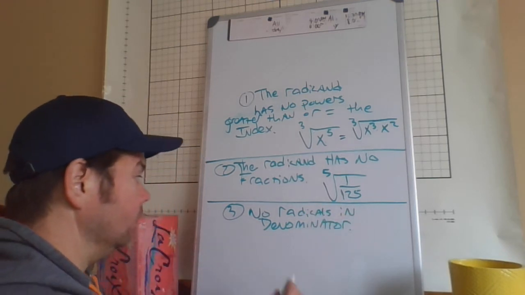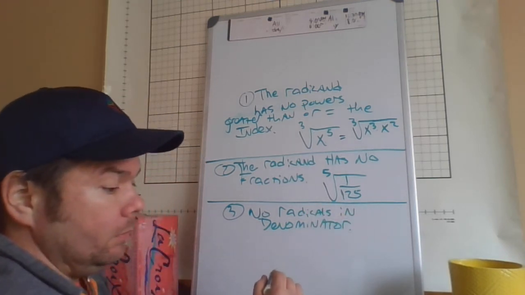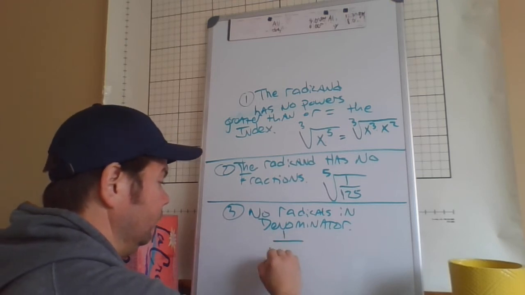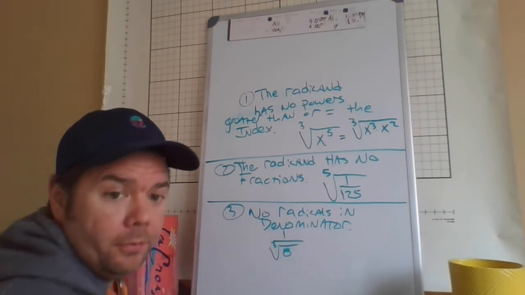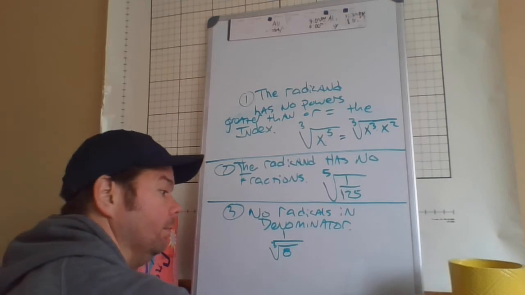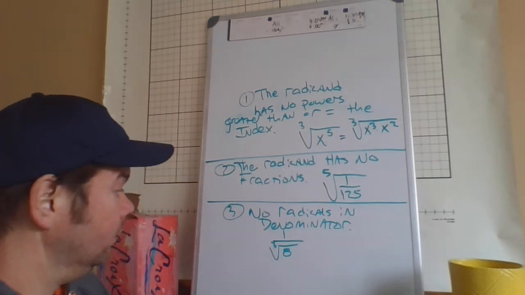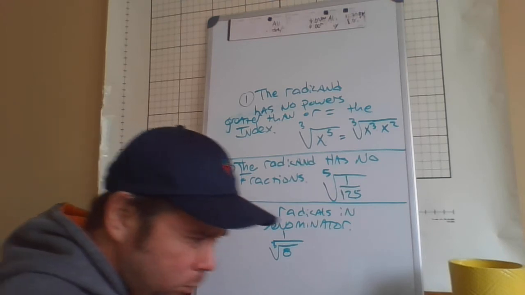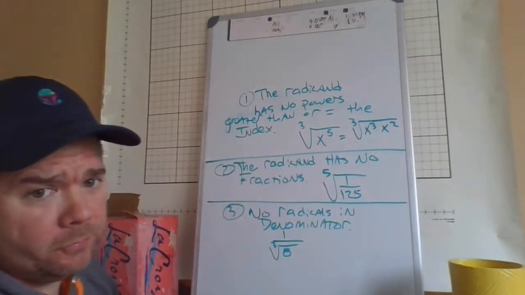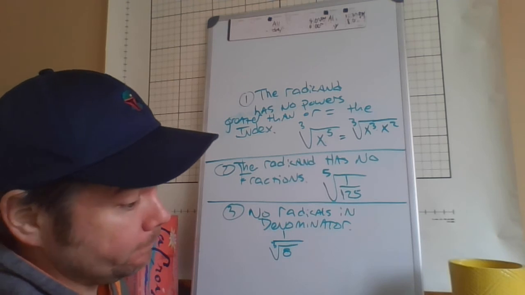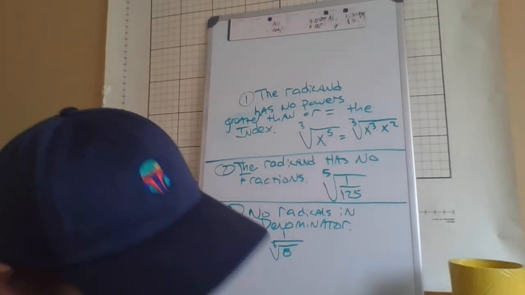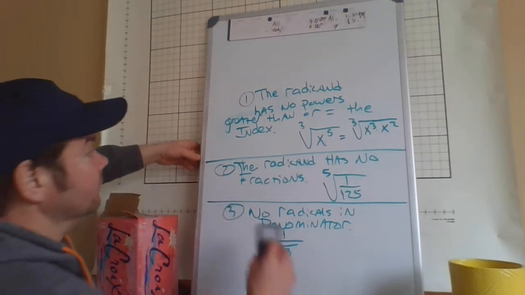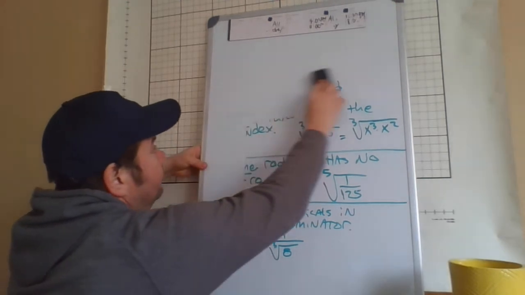Okay, so like if you had something like this, 1 over the 3rd root of 8, that's not simplified because you got a radical sign in the denominator. All right, so those are the rules. The rest of this is going to be working on applying those rules to getting simplified radical expressions.